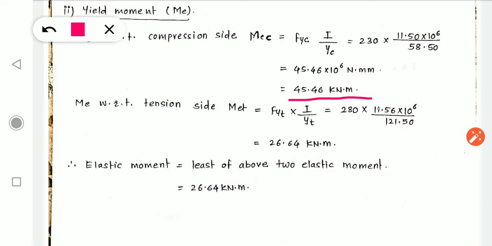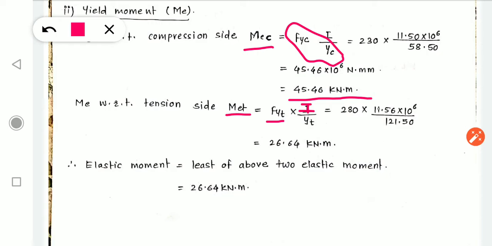Now we did it for the compression side. Let's do it for the tension side. For the tension side, f y t I am going to use. I will remain the same because we are not changing the shape. We are just taking it from the compression side and the tension side. So the parameters influenced by it are YC and fy.